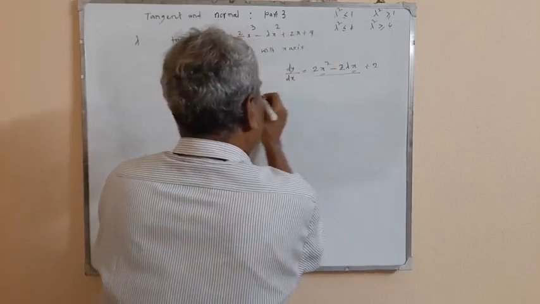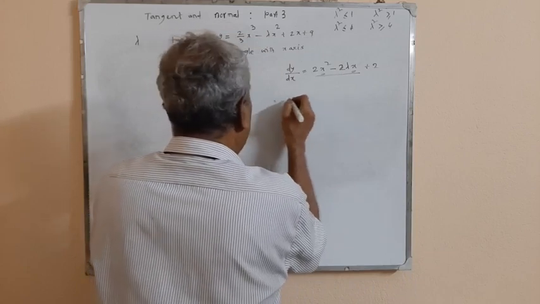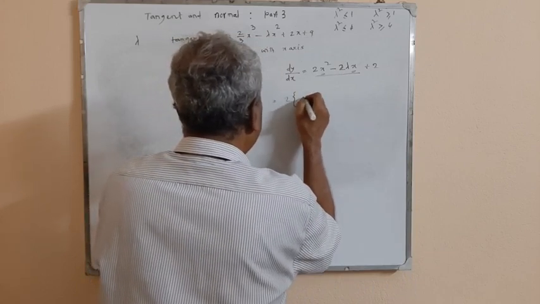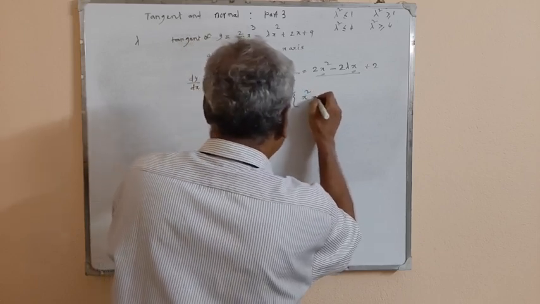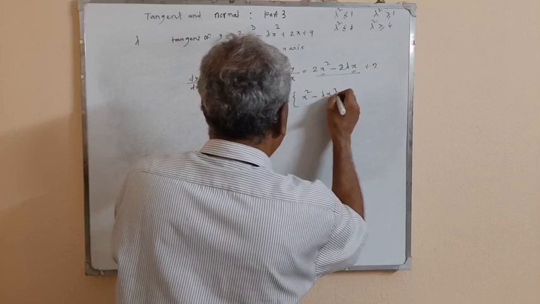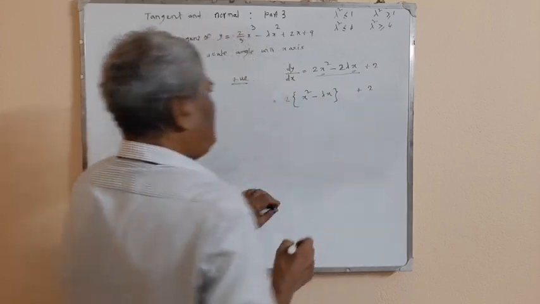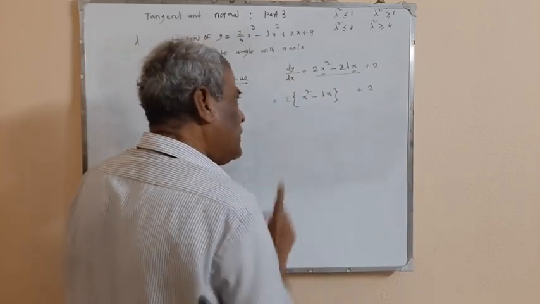So it is equal to 2 into x square minus lambda x plus 1, for all values of x.